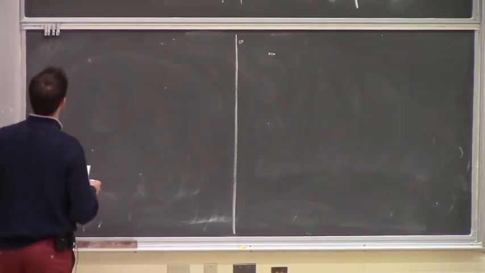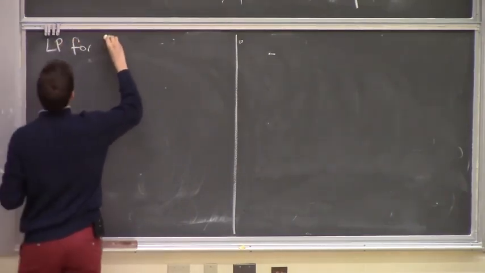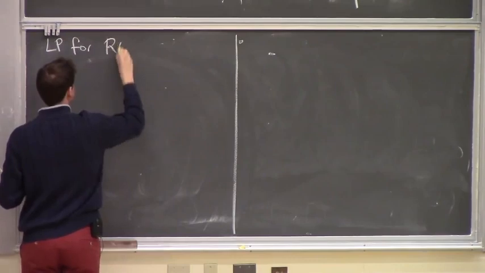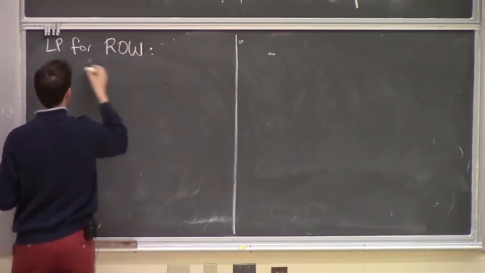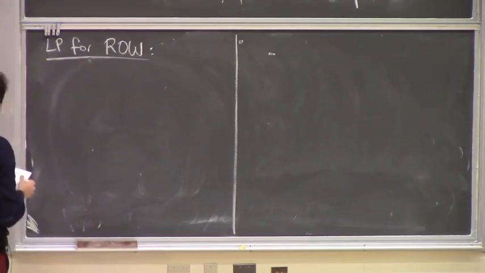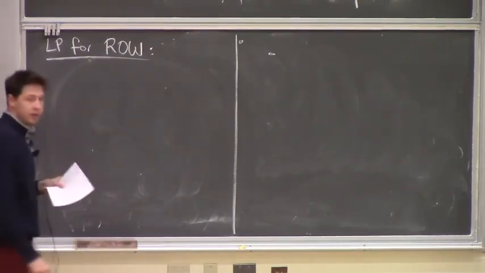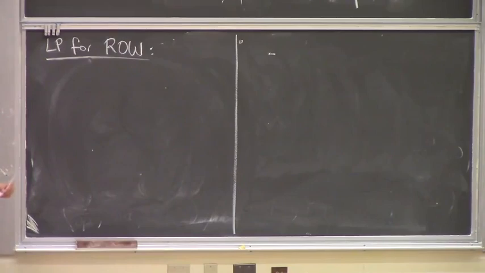I want to write a linear program, so let's call it the linear program for the row player. What he wants to do is minimize something, but this something is not a linear function.